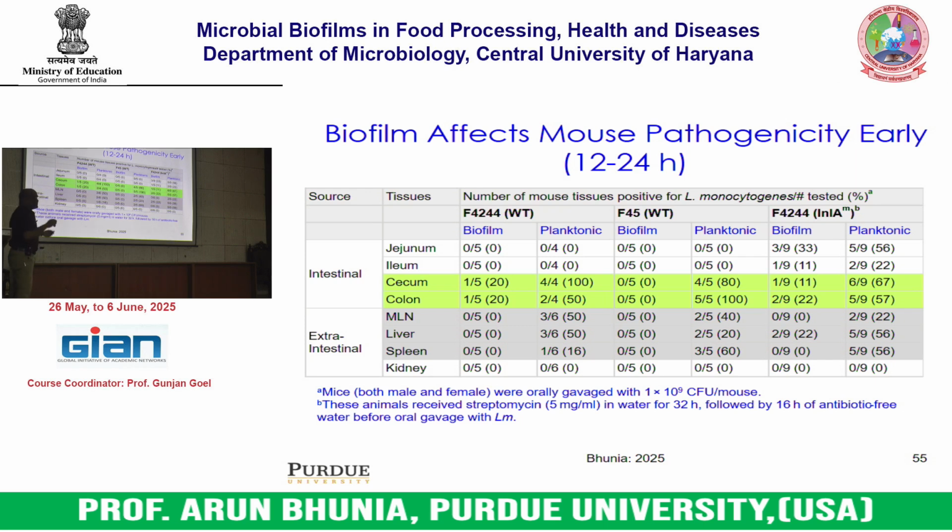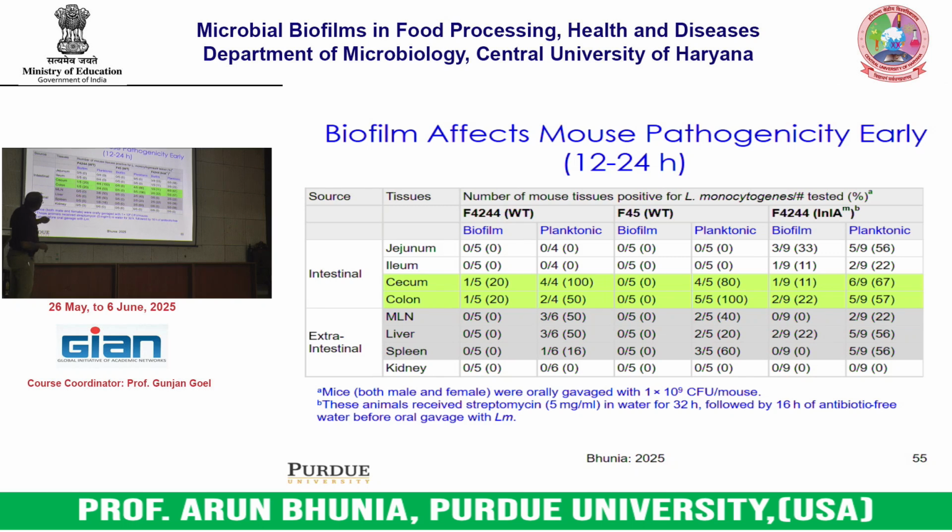Since the number is so low after 12 hours of infection, we wanted to say yes or no. Means we use some assays to say if the Listeria are present in these organs or not. So if you look at it, the biofilm almost, look at this, 0 out of 5 mice, we could not detect any Listeria in these organs, except 1 out of 5 in cecum and colon, right?